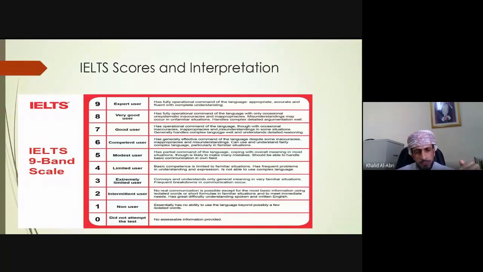But there are also 4 skills, and each skill also has 9 bands, and you might get 5 or 6, based on your level in English language, in reading, listening, speaking, and also in writing. But this is for the total score. All of the 4 skills are grouped together, then divided by 4, then you will get the total band.